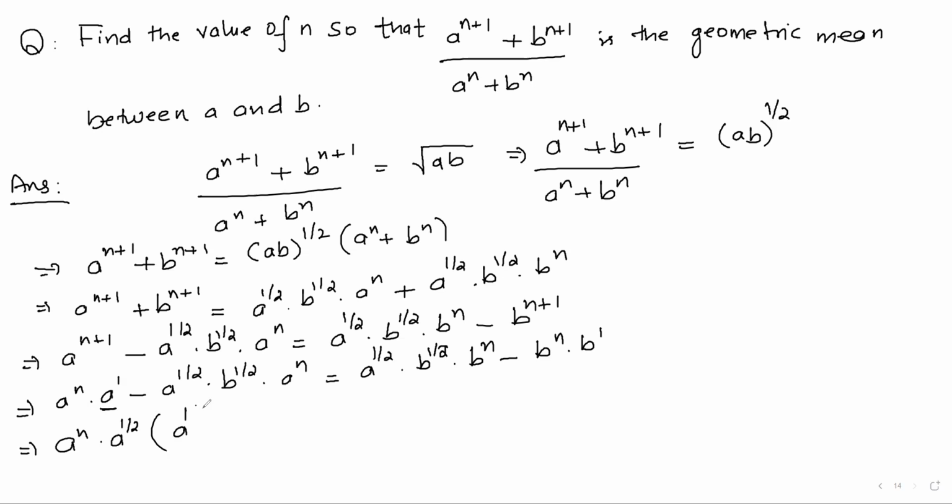Here we will get a to the power 1 by 2. Minus we will get b to the power 1 by 2. And Sparsh, can you tell me what we can take common from this? So b to the power 1 by 2 and b to the power n. Very good. So we'll get a to the power 1 by 2 minus b to the power 1 by 2. Okay, so this can be cancelled.